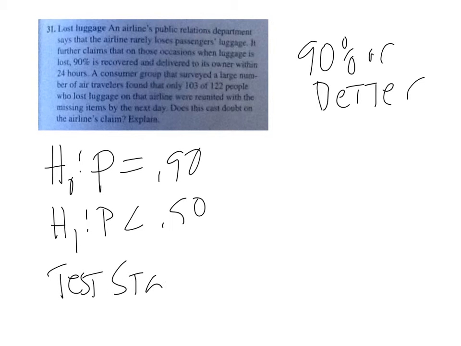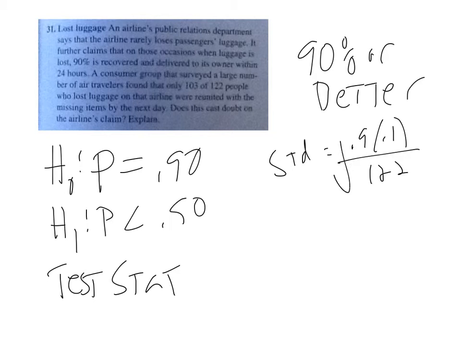Then for the test statistic, you're going to have seen this number before. The standard deviation: we take 0.9 times 0.1, divided by 122, and take the square root.